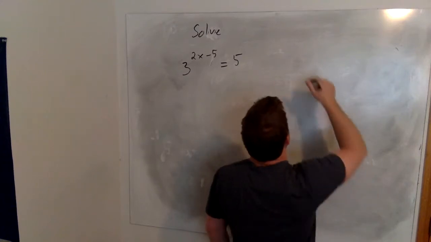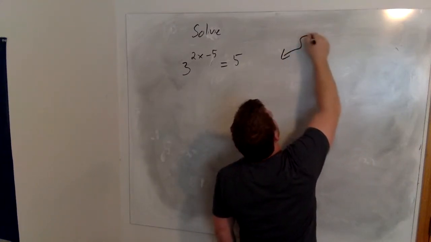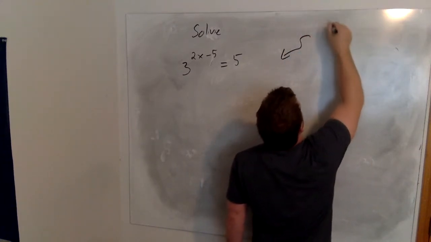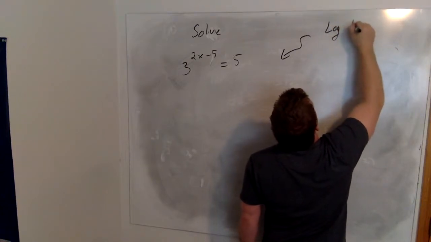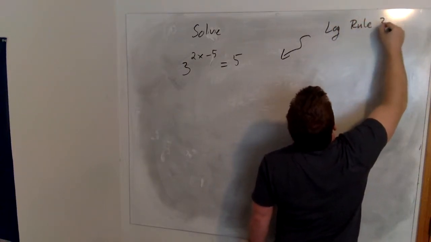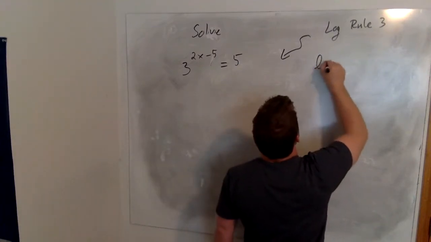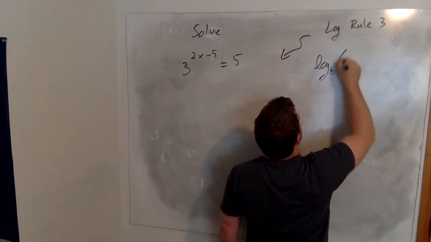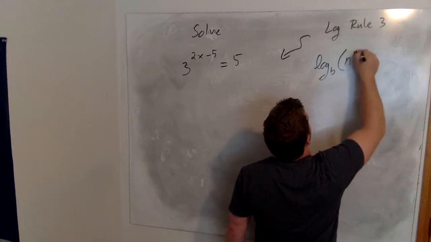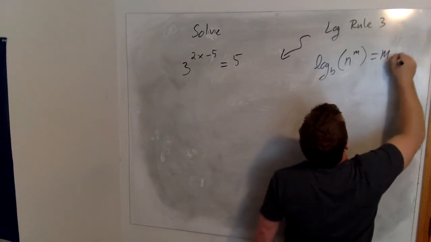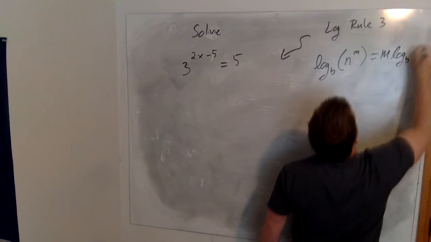What we want to do is take advantage specifically of log rule 3. Remember the rock star rule I've been talking about? That says that log base b, any base, of n to the m is equal to m times log base b of n.